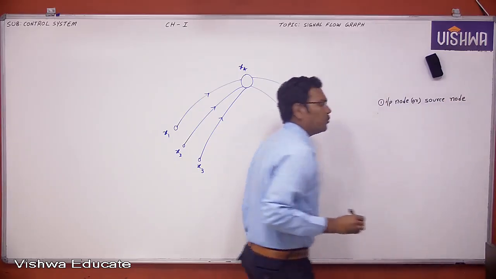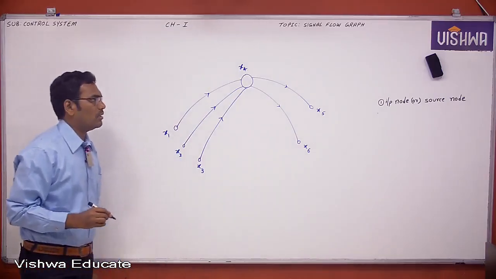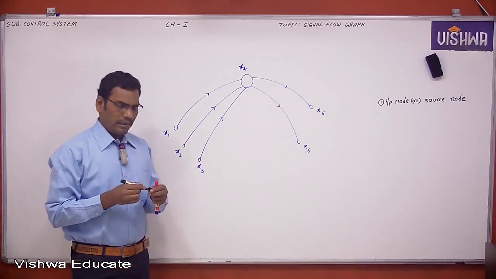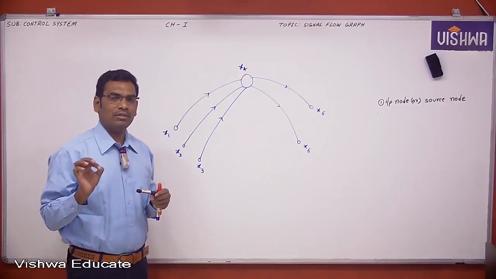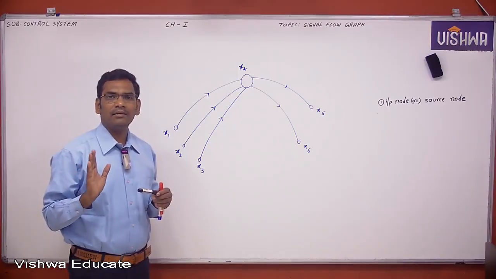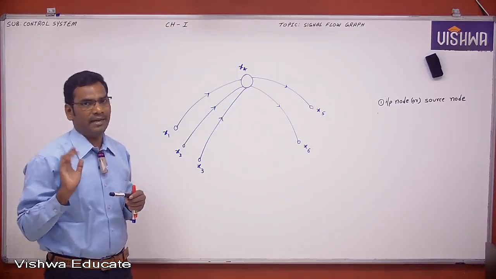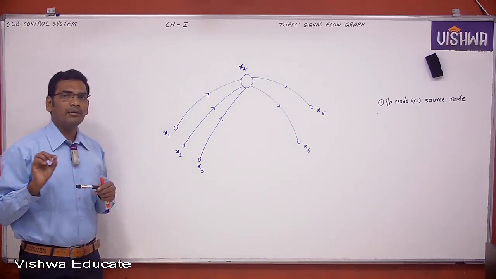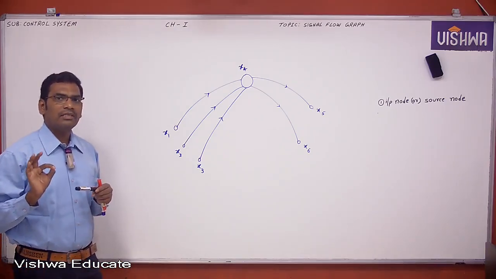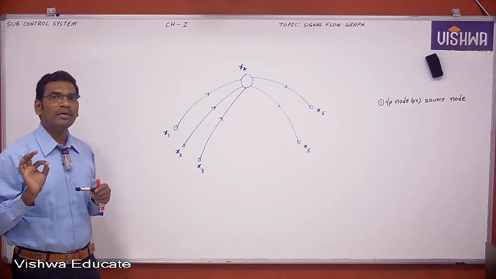Listen carefully. Input nodes are the nodes which have only outgoing branches. What are the input nodes? Input nodes are the nodes which have only outgoing branches.